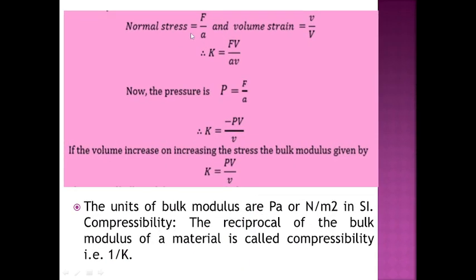Then we can take the normal stress F by A, and volume strain v by capital V. Then bulk modulus, we can write F into V divided by A into v.